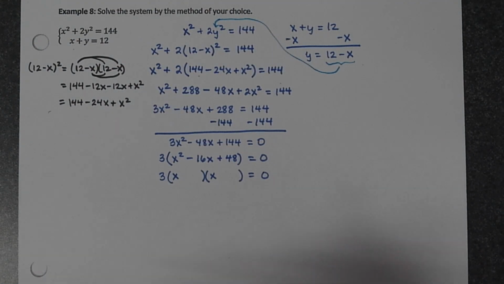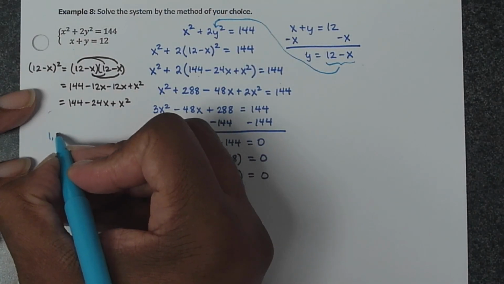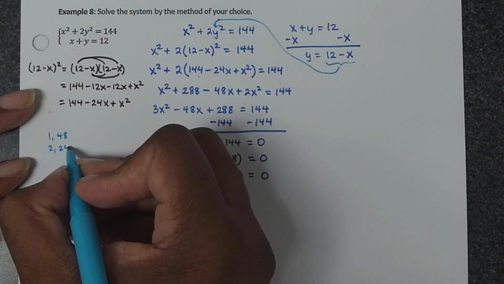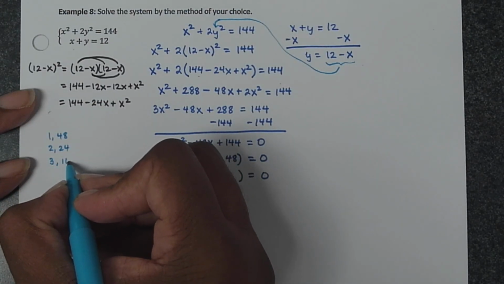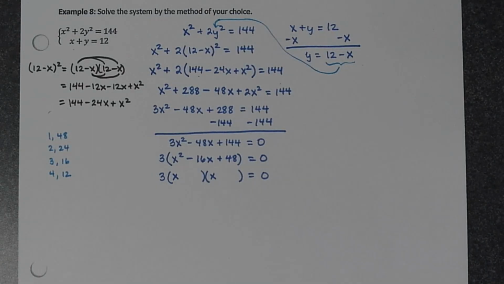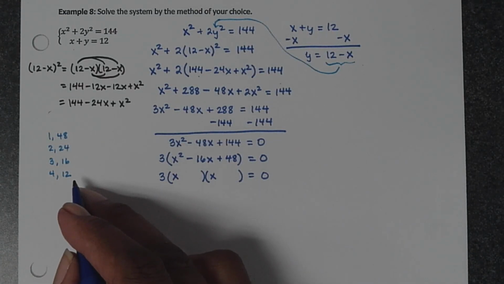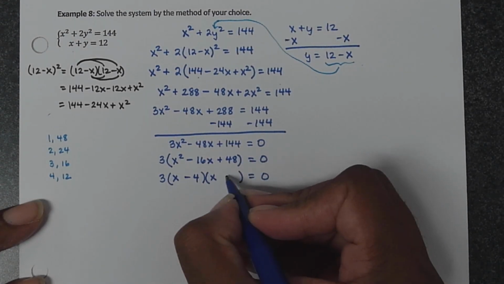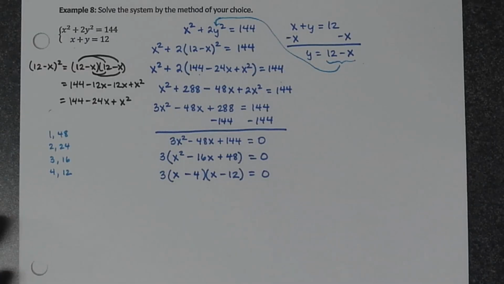If this helps, you can list all the factors of 48. 1 and 48, 2 and 24, 3 and 16, 4 and 12 would work, because negative 4x and negative 12x will give me negative 16x. So I'm going to use minus 4 and minus 12. So I get 3 times the quantity x minus 4 times x minus 12 equal to 0.